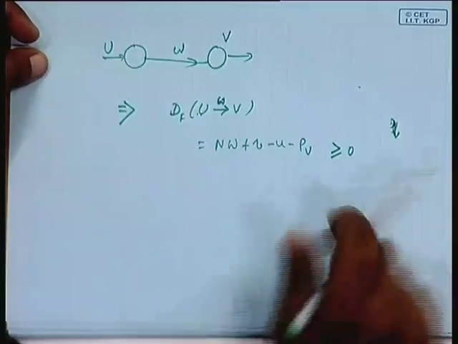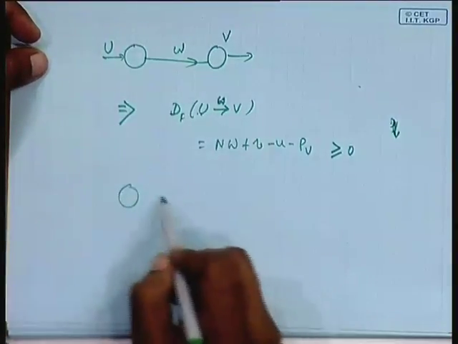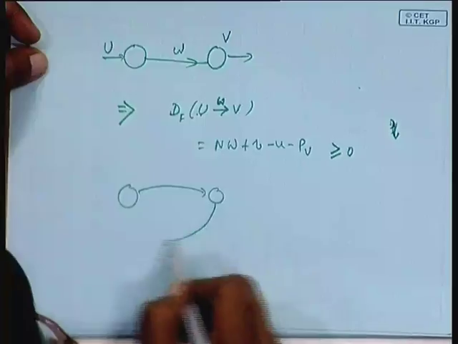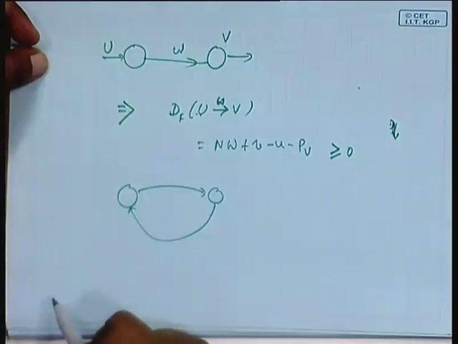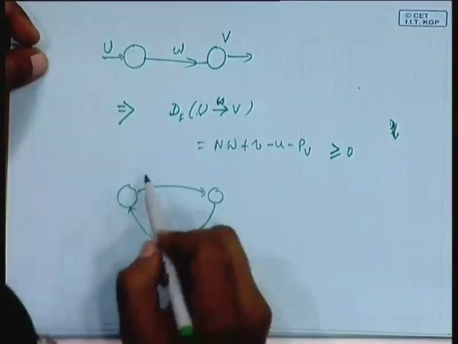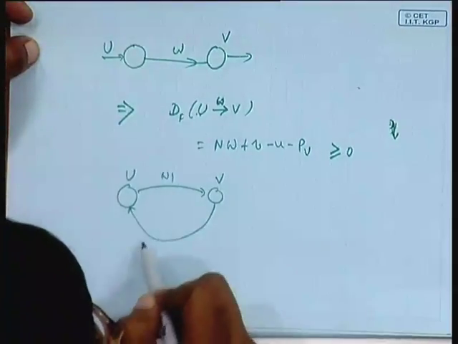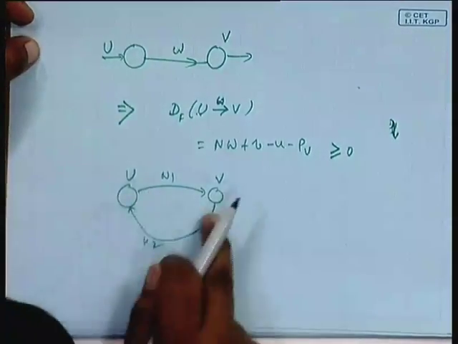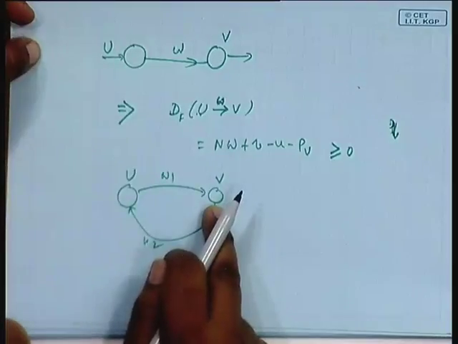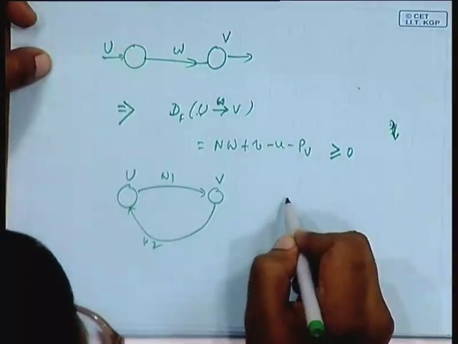The problem can come in this way. If there is a loop from U to V and V to U, the schedule remains the same. Suppose here you have W1 and here you have W2. This edge after folding will give rise to how much delay?